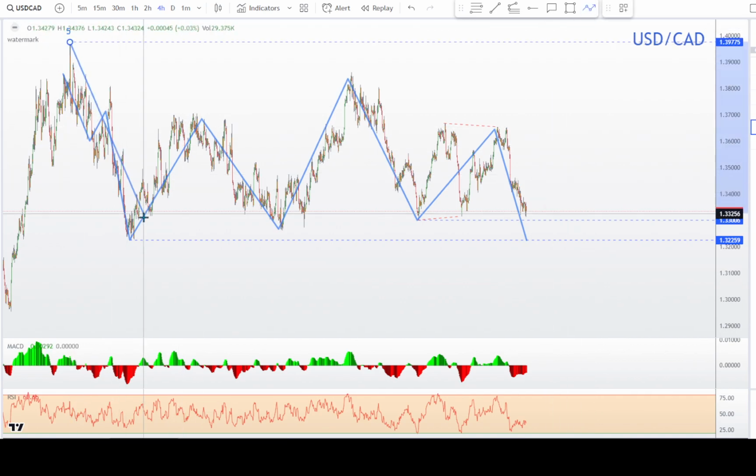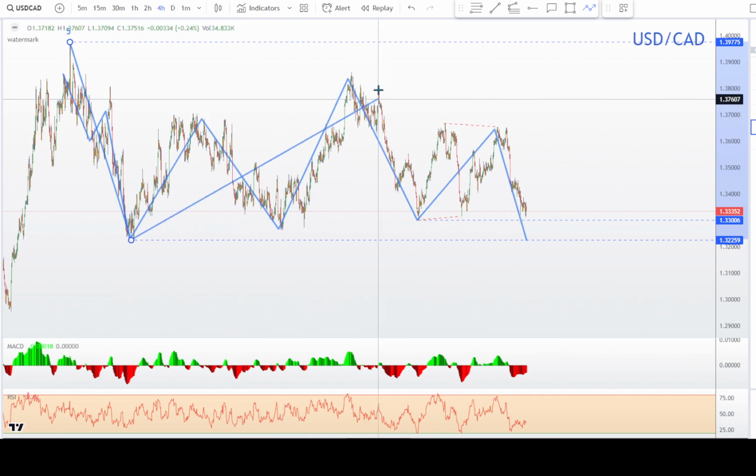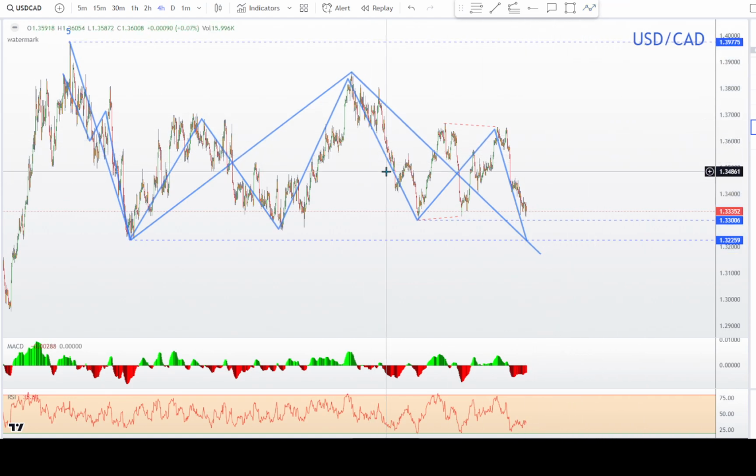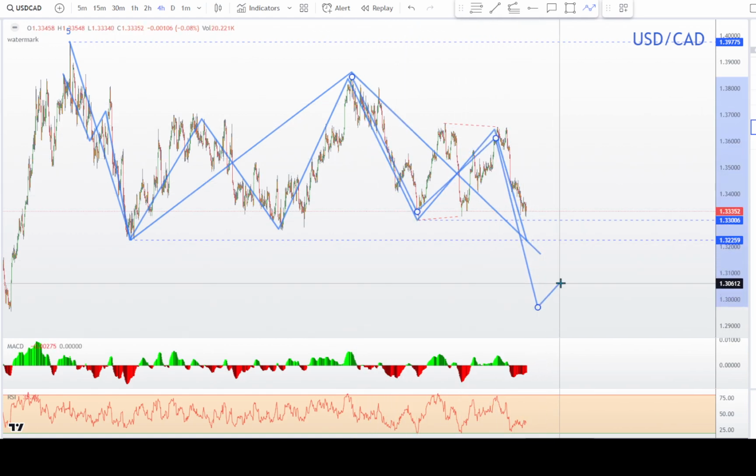But that could be all the correction, because this could be W, X, and then Y, and then they're going to come up and take out that high, or this could be a 3, 3, 5, and we're just in the beginnings of the C wave, because then that could be 1, that'll be 2, and then they'll come down strong for 3, 4, and 5.